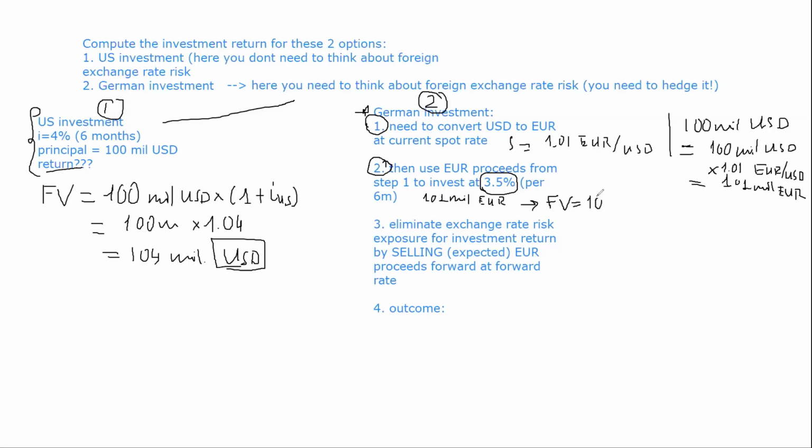So I'm going to take 101 million and times it with 1.035, which is 1 plus the interest rate in Germany. So if I did that, I will find that this will be 104 million and 535,000 euro, okay.